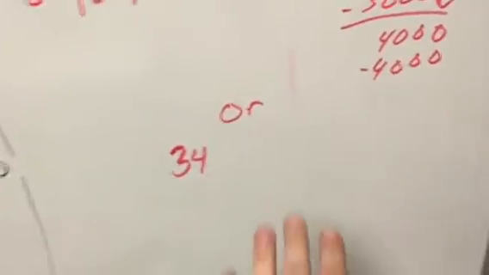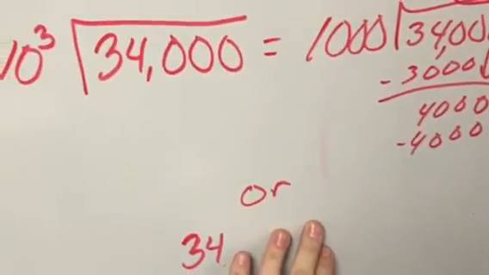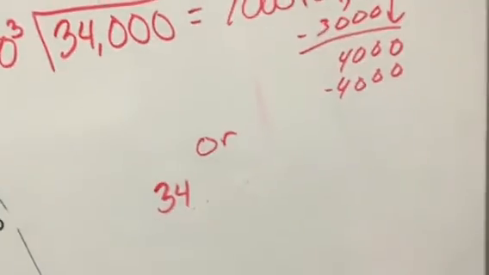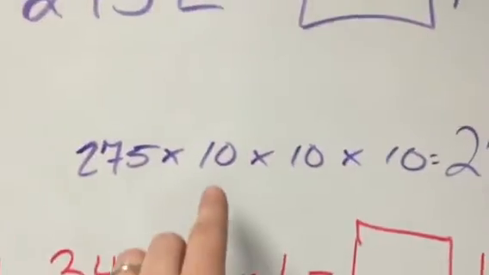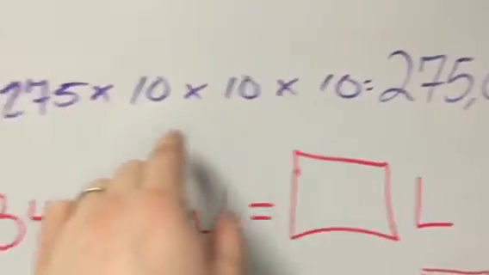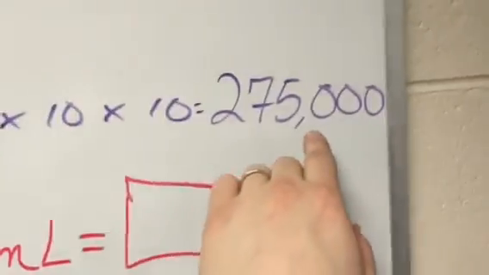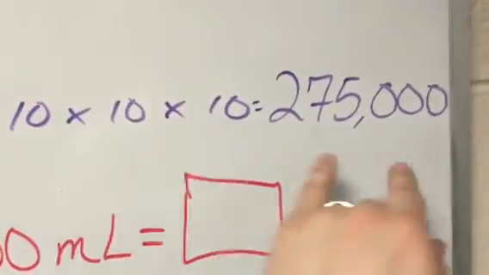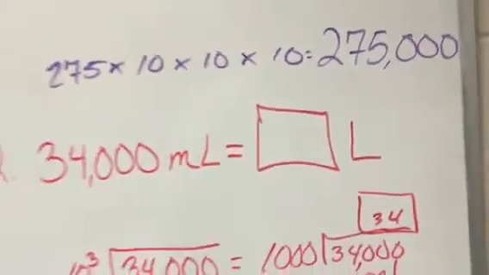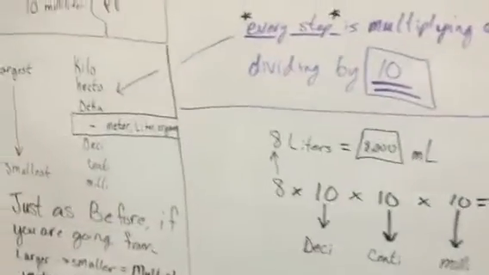So you can cross off zeros for the number of steps away you are. Just like in multiplication, for every step that I am away, I can add a 0. So I took my 275 and I was 3 steps away, so I added 3 more zeros. It's just a little trick that you can do if you're a little confused right now.